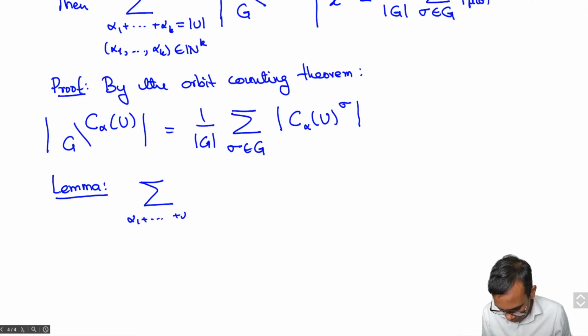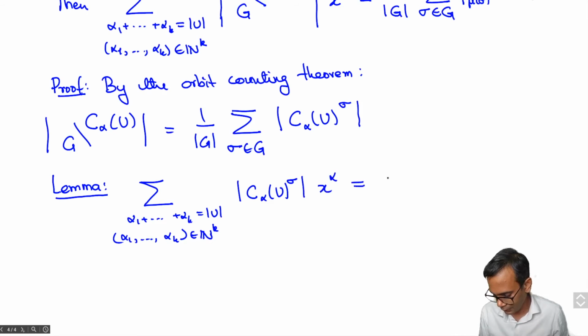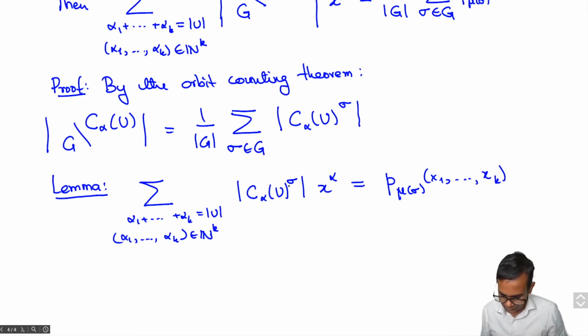So alpha 1 plus ... plus alpha k equal to U, we're looking at alpha 1 ... alpha k belongs to N to the power k, of C alpha U sigma x to the power alpha is P mu sigma x1 ... xk. So here we have fixed sigma and we are varying alpha, whereas here we had just fixed alpha and we are varying sigma.